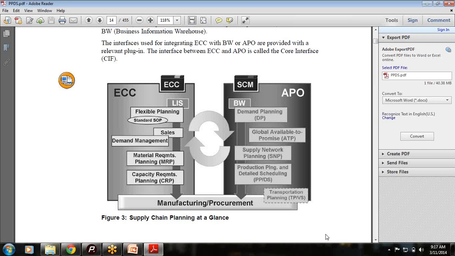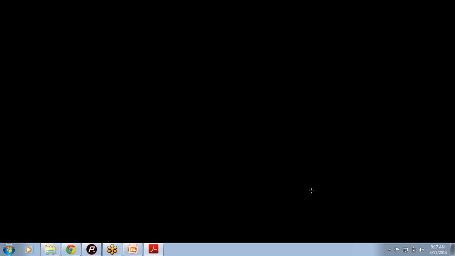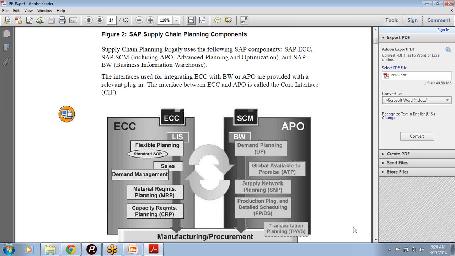To manufacture a mobile, you need a battery, headphones, a memory card, etc. So this typically becomes my master data.